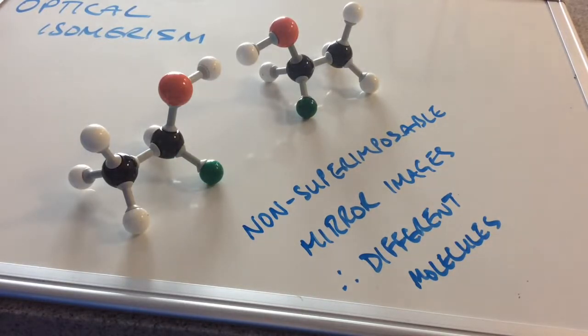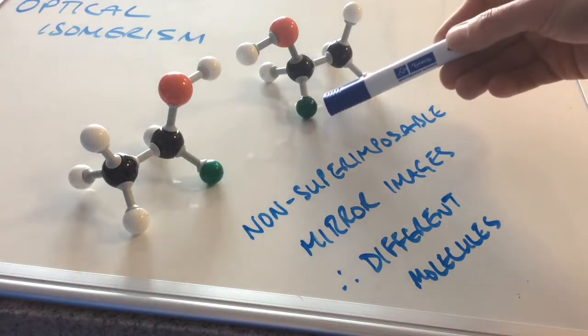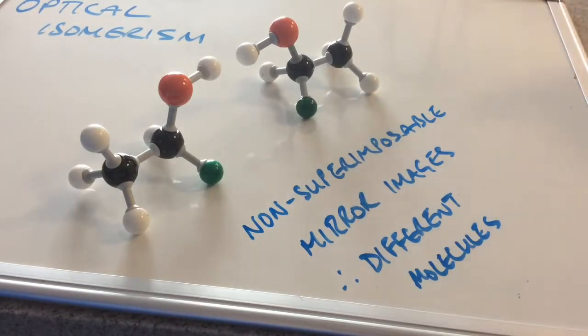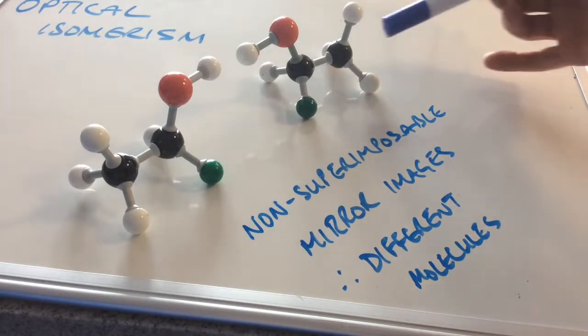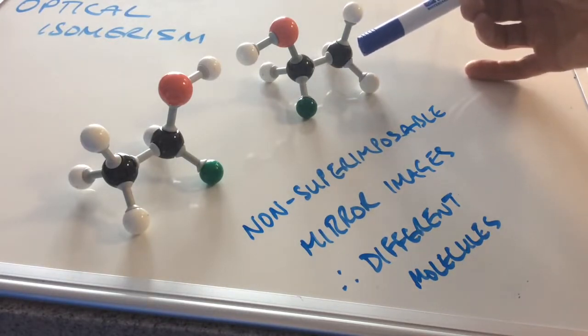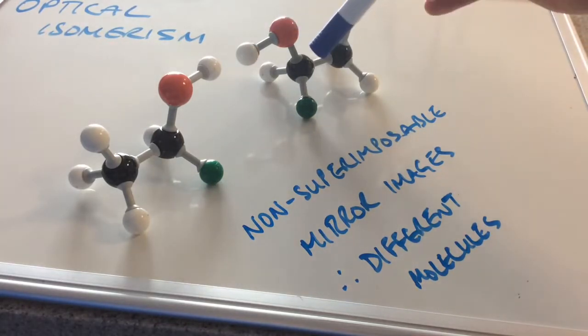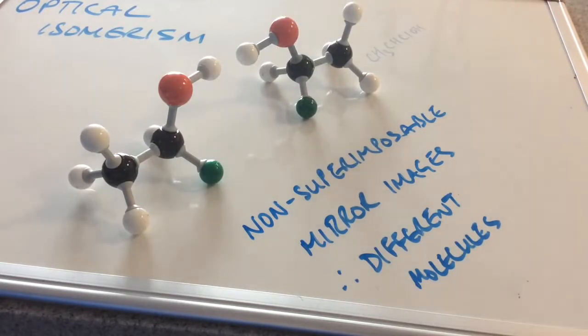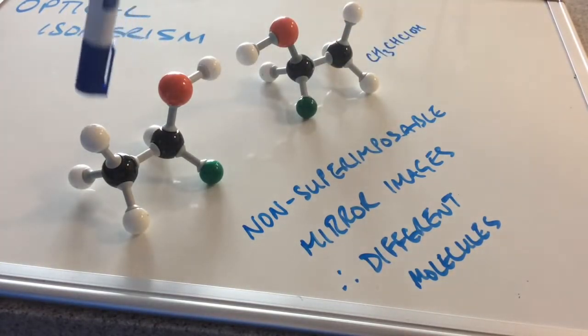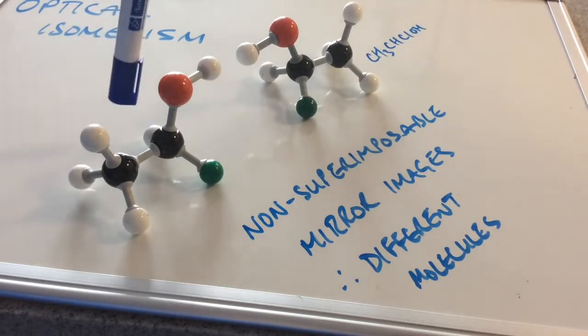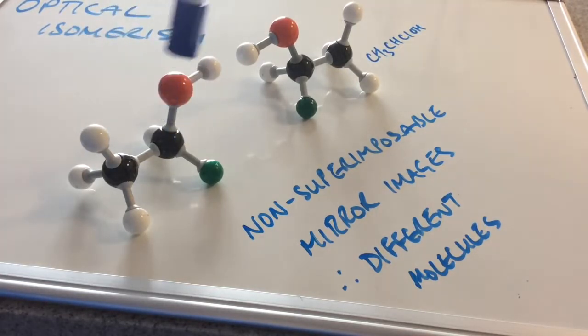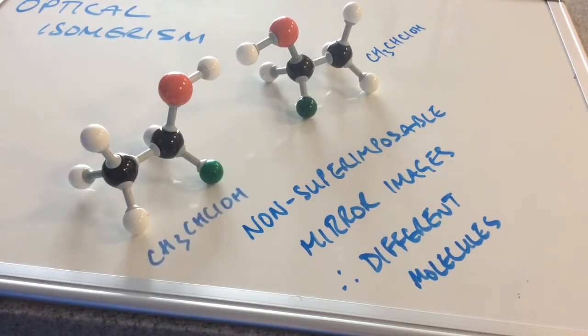If we just think about this green atom as being a chlorine, so the structural formula for this right hand one would be CH3CHClOH. Now if we look at the one on the left hand side, this one here, CH3CHClOH. So they've got the same structural formula.